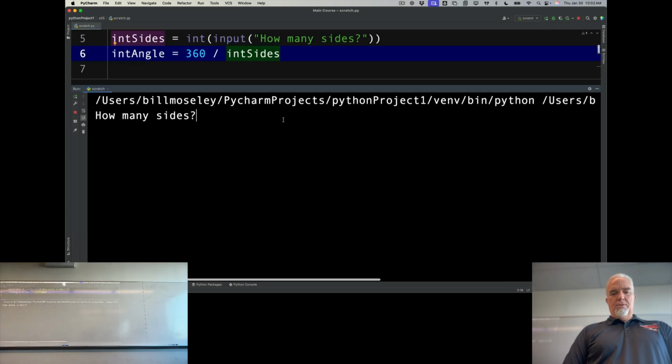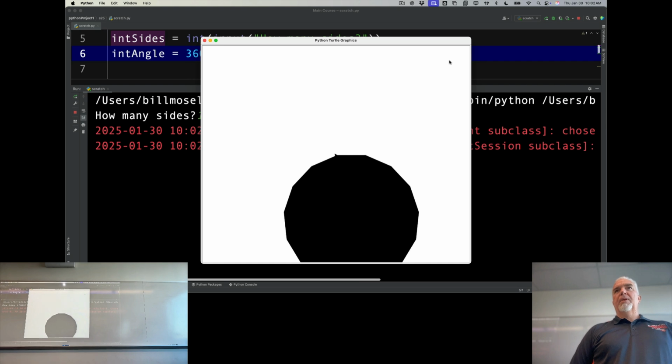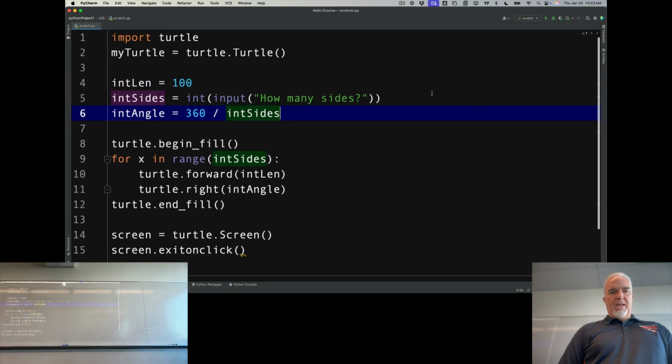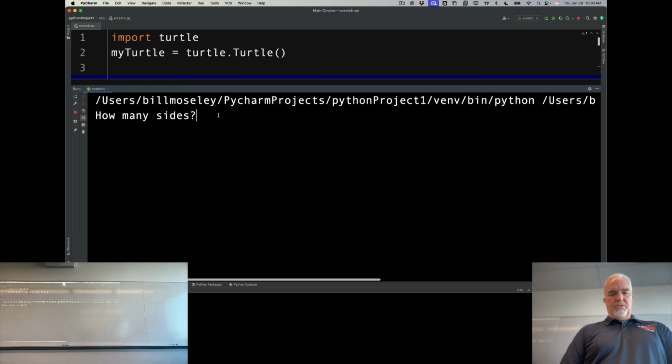So now, if I want to, I can do a 15-sided object. I could do an even bigger one. Let's make each side a little bit shorter. But when I run this again, how many sides do I want?